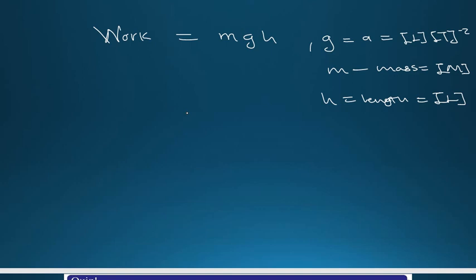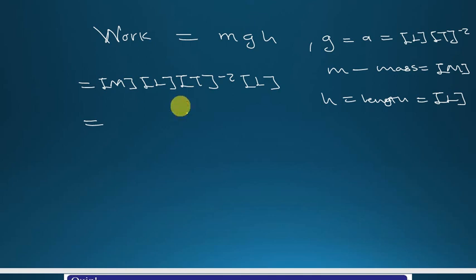So we are going now to replace. Where there is m, we put capital letter M, and where there is g, we replace it by L T to the power negative 2. Then height is actually L. What are we going to do, guys?